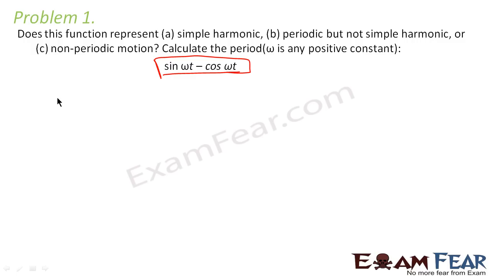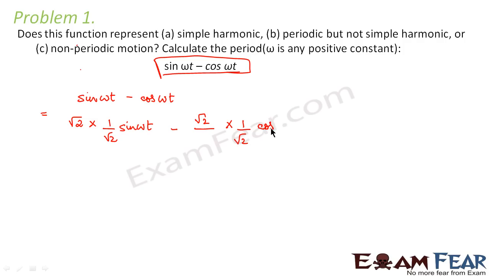Let us see in what other form we can write this particular function. Here we have sine omega t minus cos omega t. We can write it by multiplying and dividing by root 2, and similarly multiplying and dividing this term also by root 2.